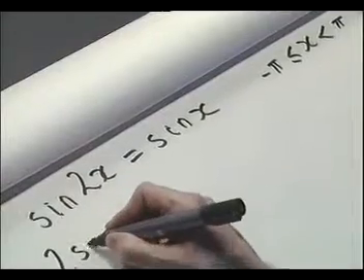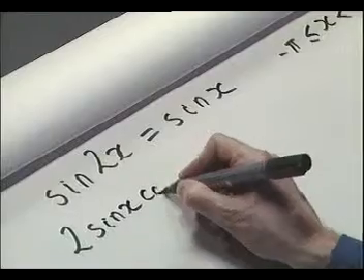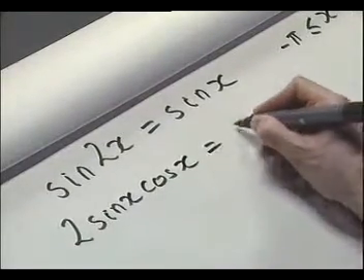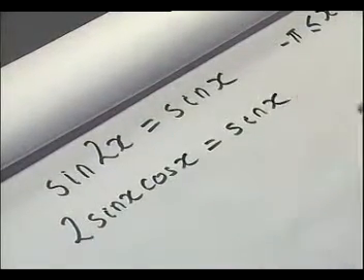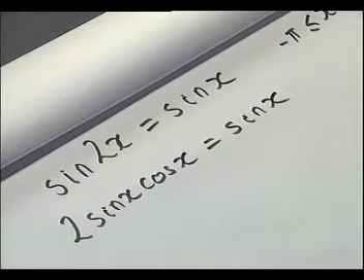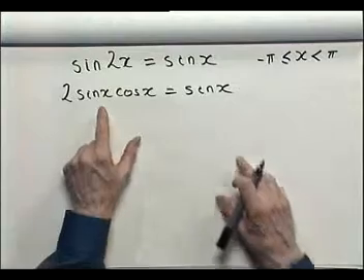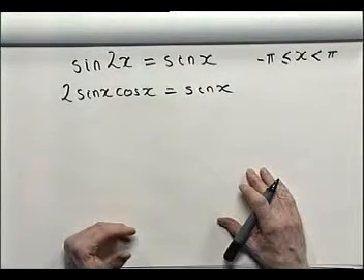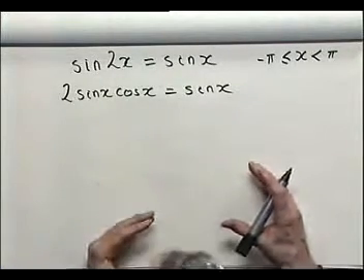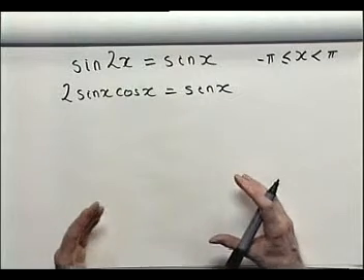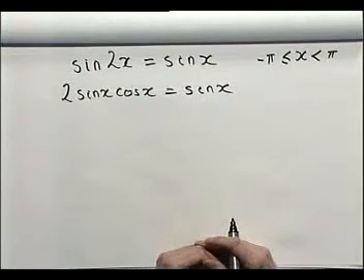That's 2 sine x cos x equals sine x. Now, it's very, very tempting to say, common factor on each side, cancel it out. And then we've lost it. And because we lose it, we might lose solutions to the equation.